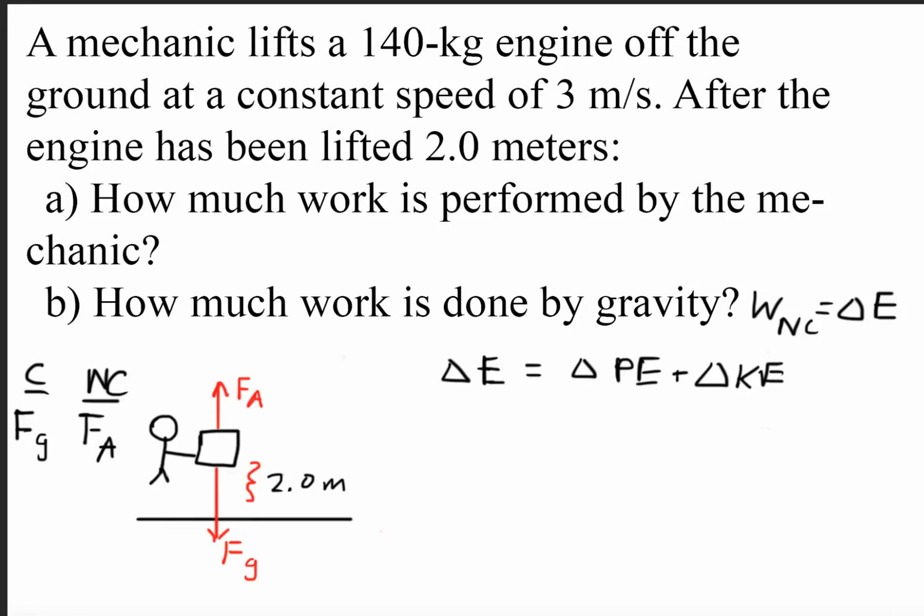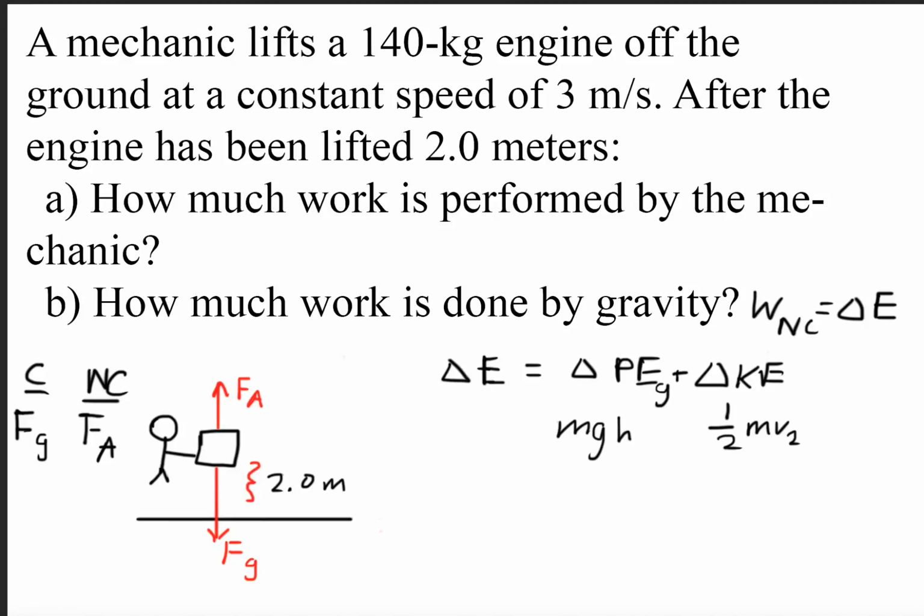And as a reminder, potential energy in this situation is the potential energy of gravity, so gravitational potential energy. And the formula for that is mass times gravity times the height. And kinetic energy is 1/2 mv squared.